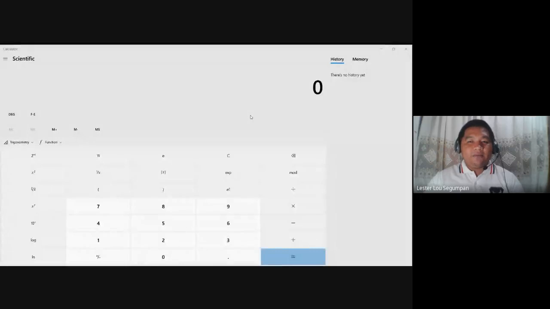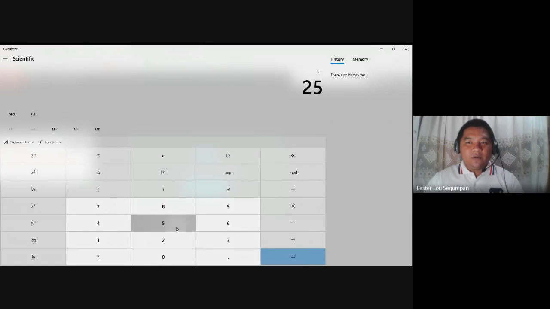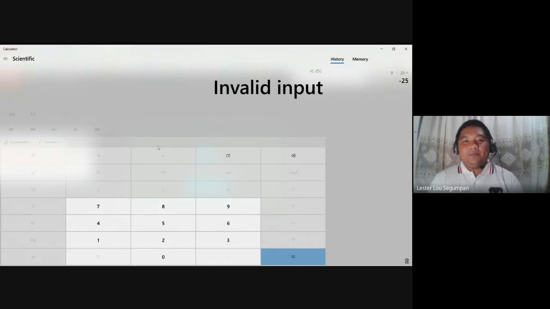A simple calculator only. This is the calculator I have in my mobile learning device. Let me try to input negative 25. So that's negative 25, and I'm going to click this button saying square root of whatever the value here, it will result to an invalid input. Let me repeat.